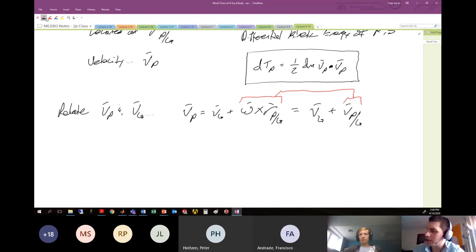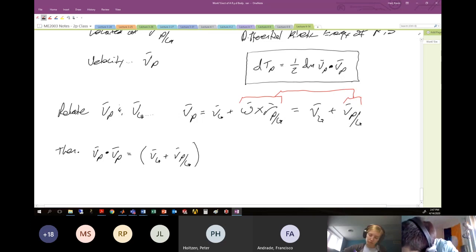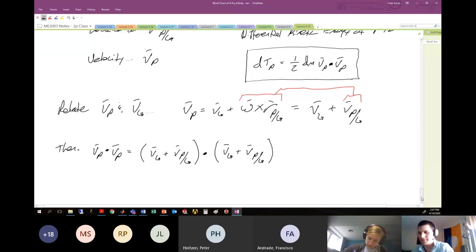All right, then this term Vp dot Vp is a little complicated. All right, if we're splitting Vp into the translational component of G plus the fixed axis rotation component of P about G, this will be something like the velocity of G plus the velocity of P relative to G dotted with the velocity of G plus the velocity of P relative to G. Oh man, math.